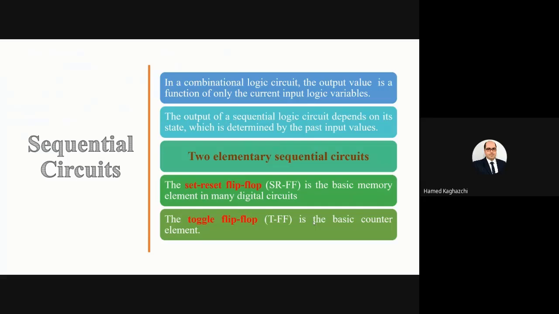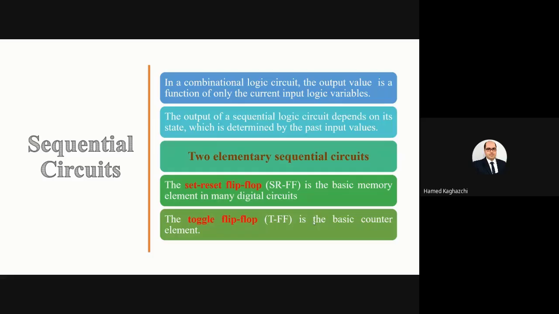Now, the difference between combinational and sequential circuits is that in sequential logic circuits, the output depends on its state. In other words, the output of the sequential circuits is a function of the past input values, not only the current values.